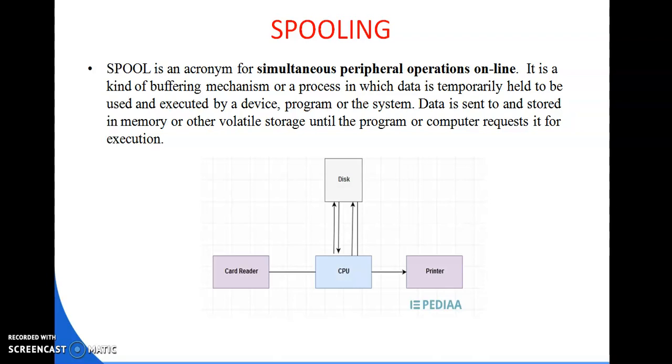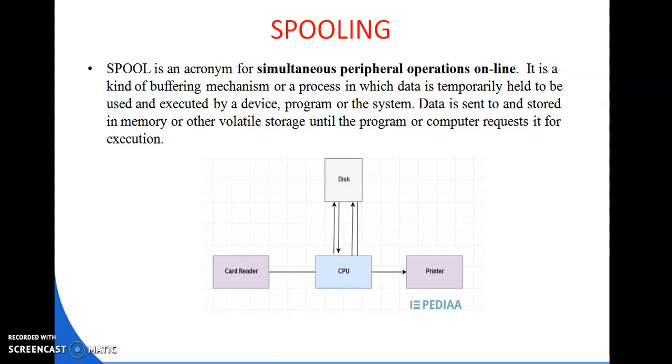The spool is processed in FIFO manner. Whatever the first instruction is in the queue will be popped and executed. First in, first out. That means spool is the buffer area. Whatever instruction is present first will be popped first.